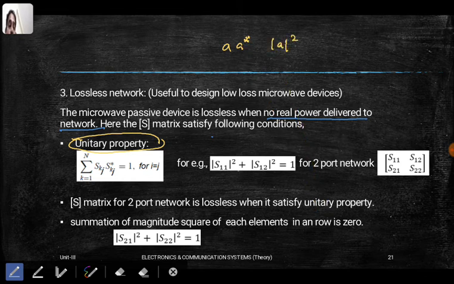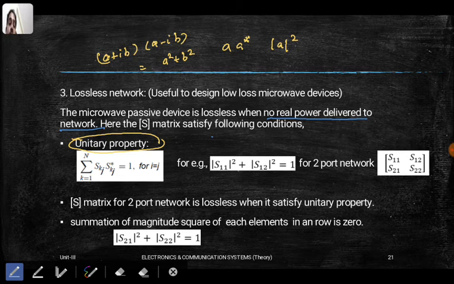For example, if you take a plus ib, I think all of you know this. What is the conjugate of a plus ib? It's a minus ib. If you multiply them, you get a squared plus b squared.